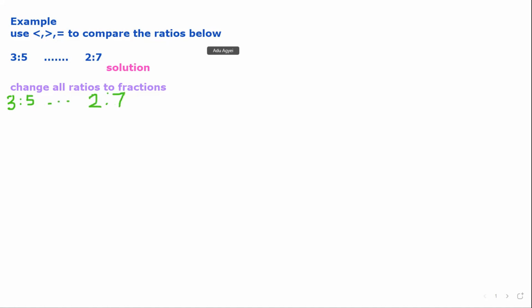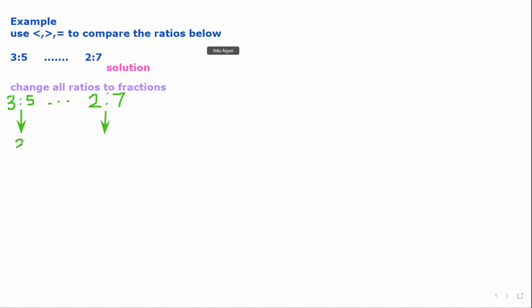Here, to change them to fractions, 3 to 5 is what? 3 over 5.